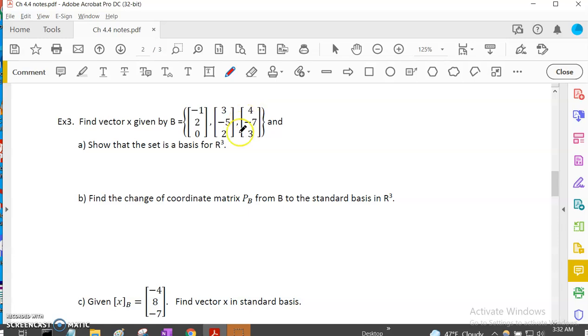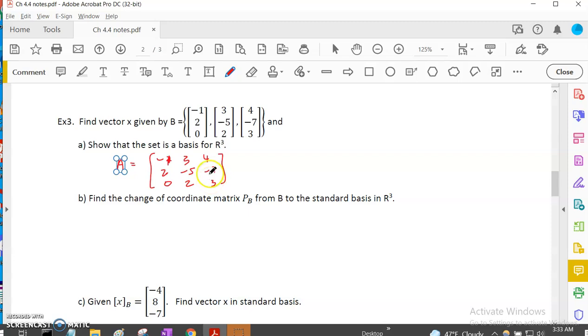Because we have three vectors, we form the matrix and line them all up: -1, 2, 0, 3, -5, 2, 4, -7, 3. We have to check whether these columns are independent as well as span R3.